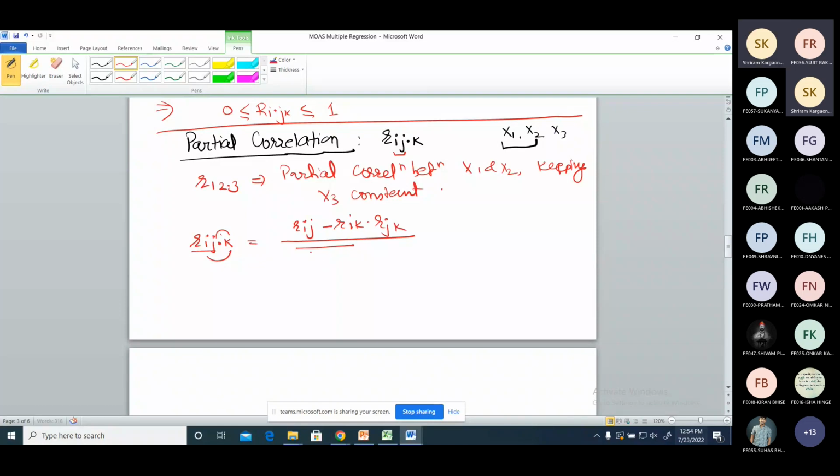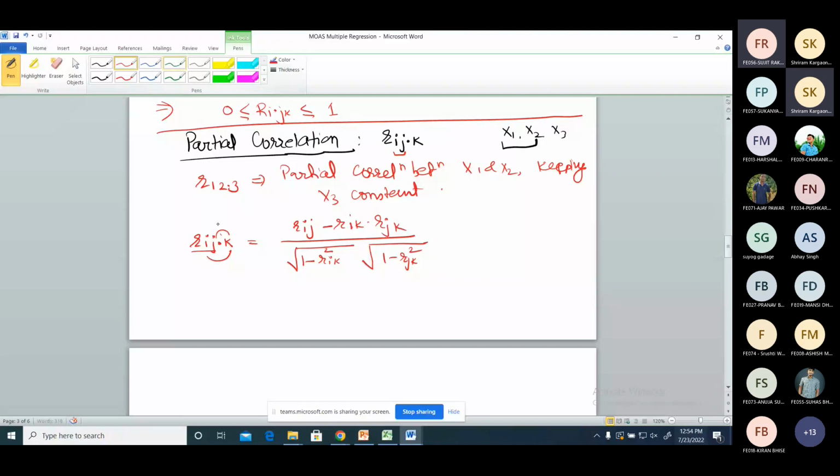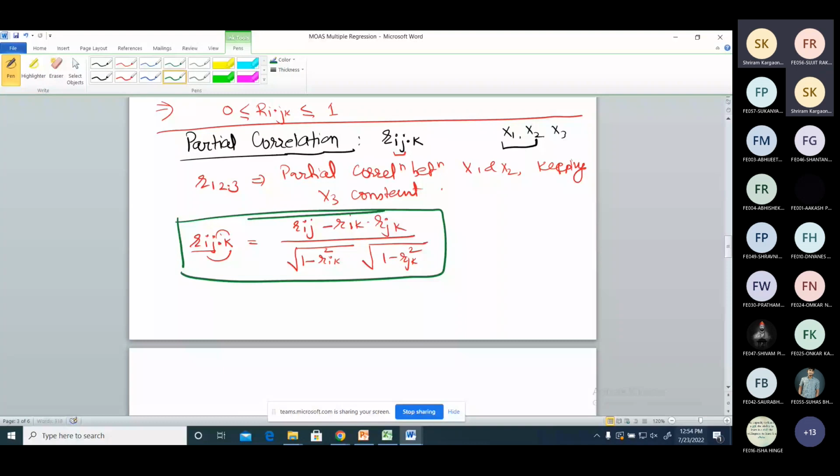Now in the denominator, take the square root of the product of 1 minus R ik square and 1 minus R jk square. So this is a general equation. Now I will give you the particular equation.